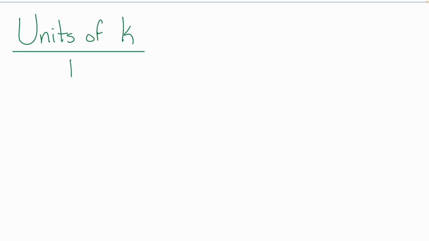Okay, importantly, these are going to depend on the order of our reaction. All right, so it's not like we can just say, oh, these are the units of k, these are always going to be the units of k. It's really going to depend on what we found in that very first step of this process, the order of our reaction. Okay, cool.